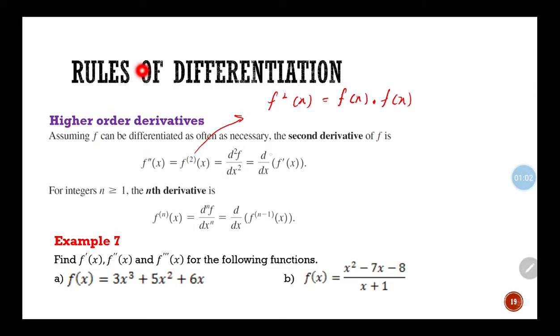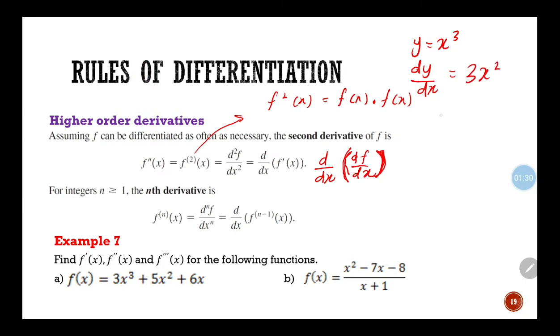So maknanya ni adalah d/dx of f prime x, ataupun you boleh buat d/dx of df over dx. Okay, kita differentiate lagi the derivative yang kita ada tu, second order. Ataupun nak senang, saya bagi you example lah. Katakanlah we have y equals to x cube, then dy over dx sama dengan 3x square, am I right?